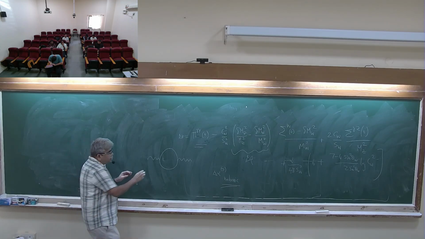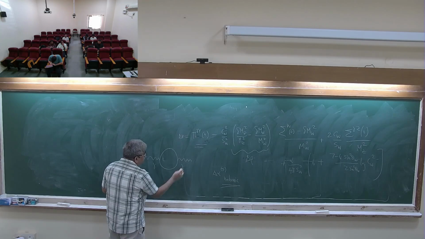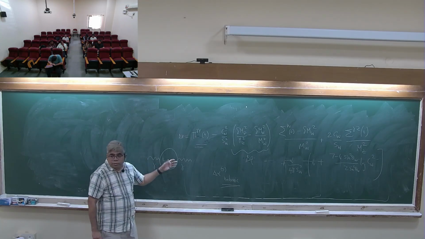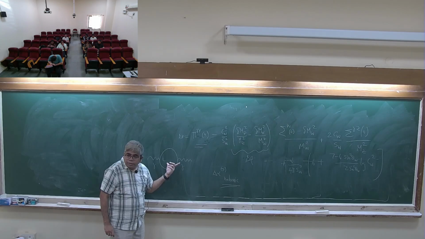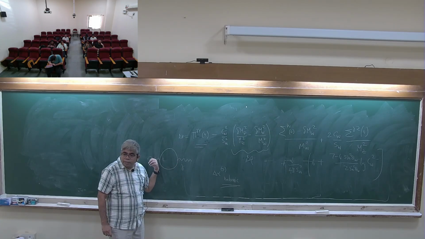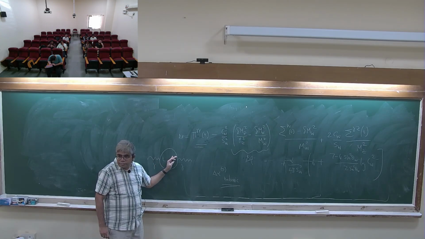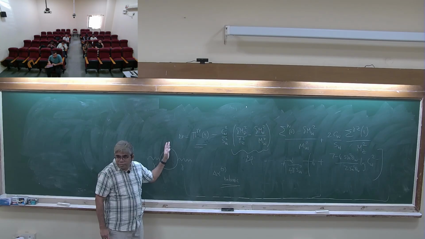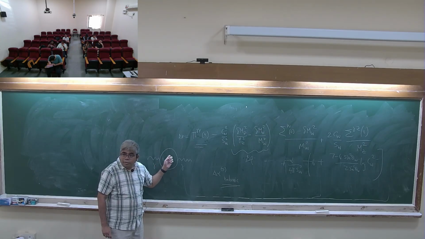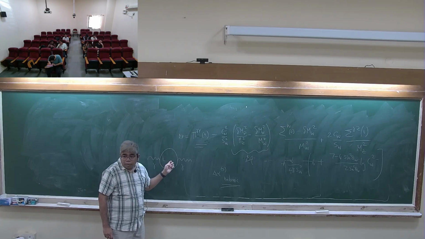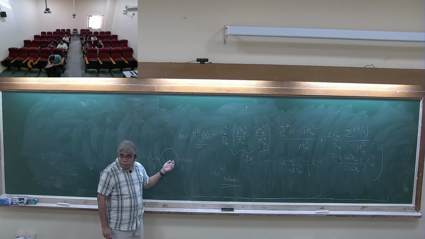So what happens if you have gamma gamma? You want to see the contribution of this to the variation in alpha. Now here you have leptons and quarks. Now how do you calculate? You can calculate the quark contribution, but the masses are not very well known, so you don't really calculate it.